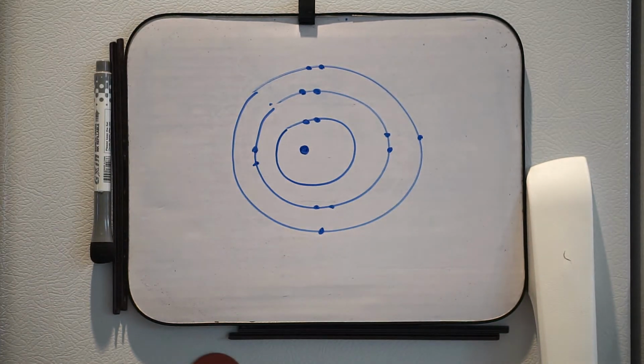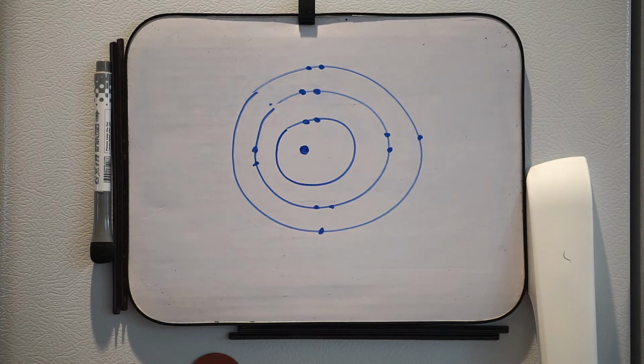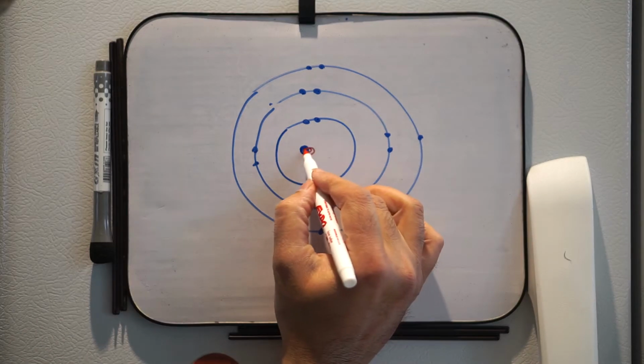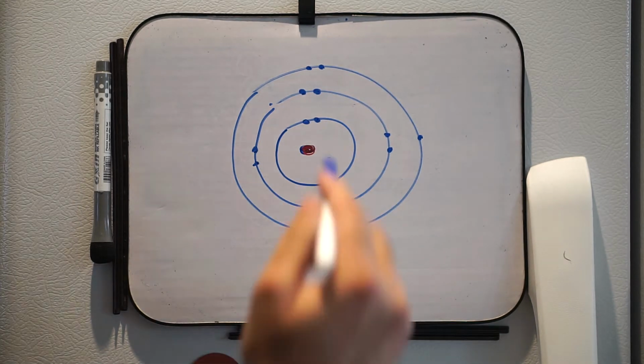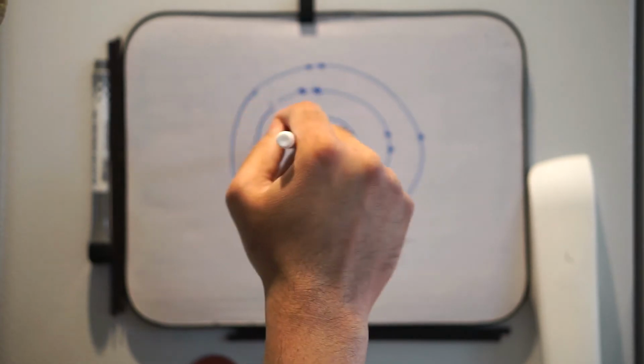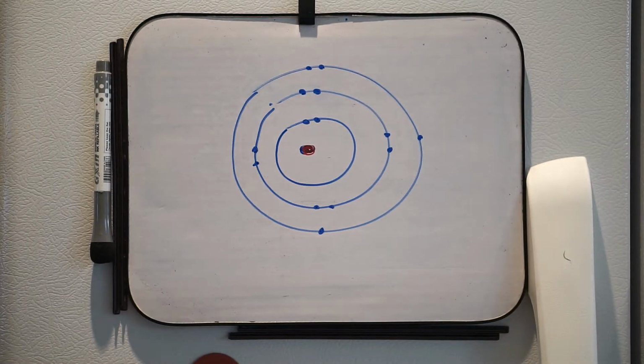So a long time ago, when Niels Bohr introduced the atomic model, we all kind of thought that the atom is kind of like a planetary system, where there is a central sun, the nucleus, heavy with the protons and neutrons. And then we've got these little particles, electrons, orbiting the nucleus like planets.